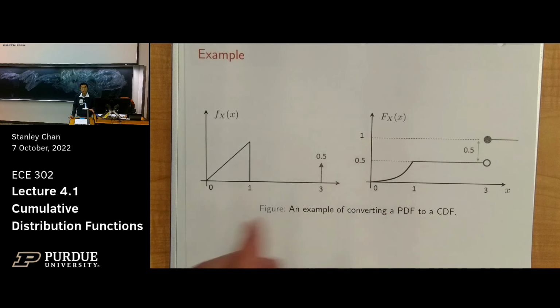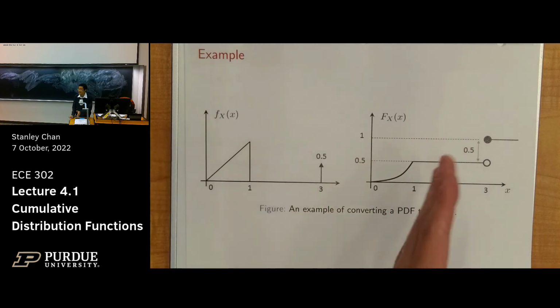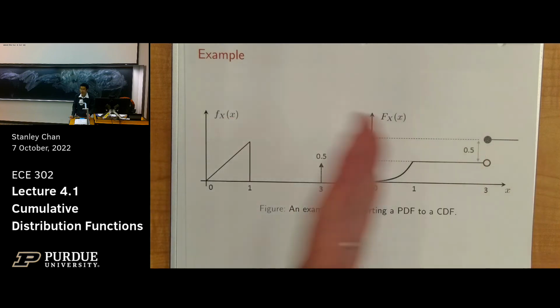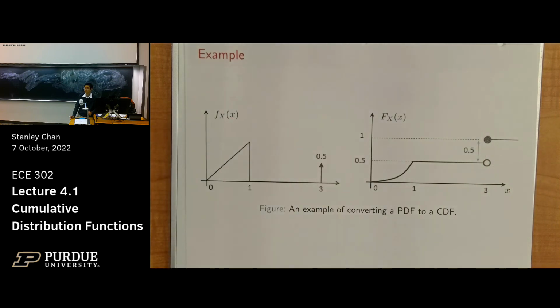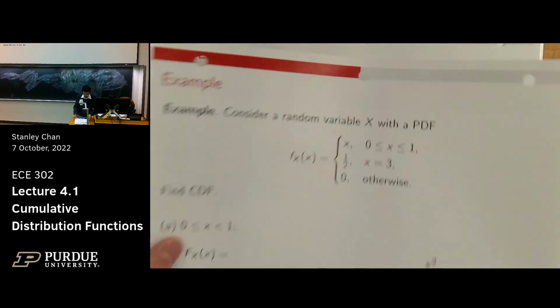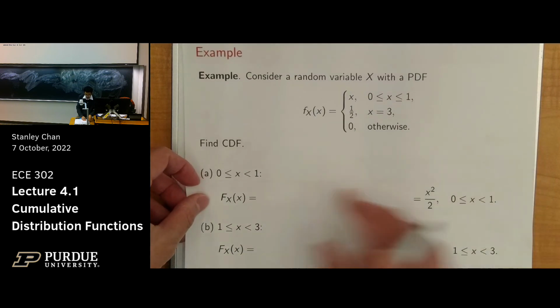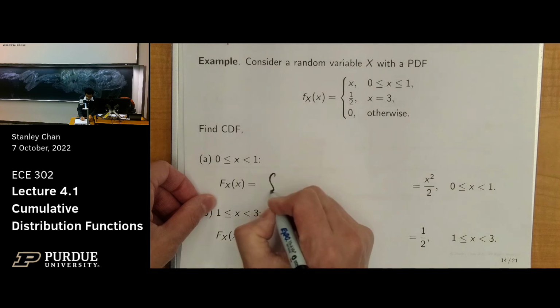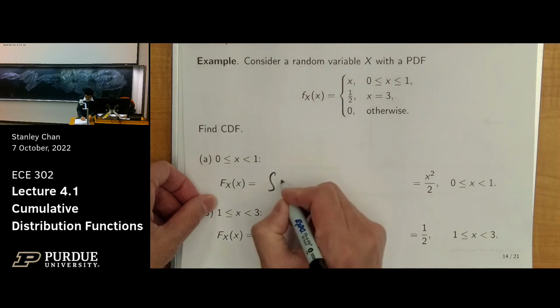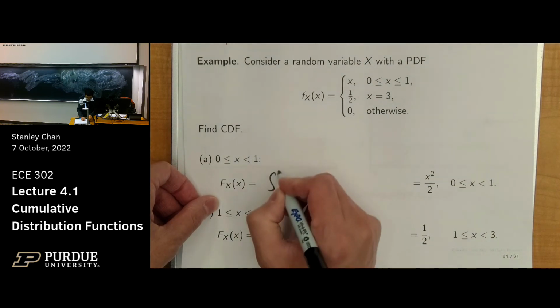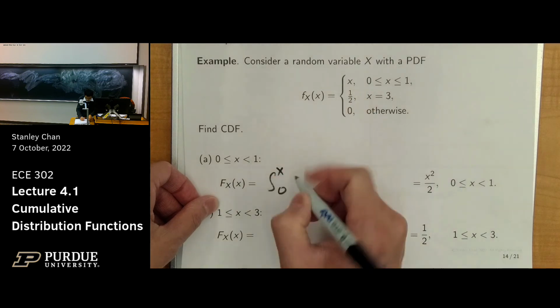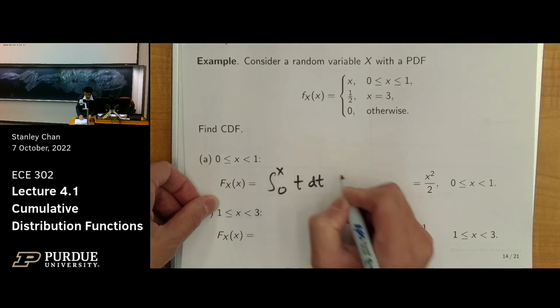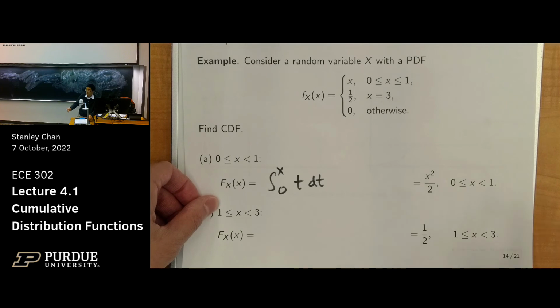So without doing any calculation, I convince you that it makes sense to have the CDF with this PDF. Now let's work on some calculations. For the range of x between 0 and 1, that is just the integration from 0 to x of t dt, so I have x squared divided by 2.